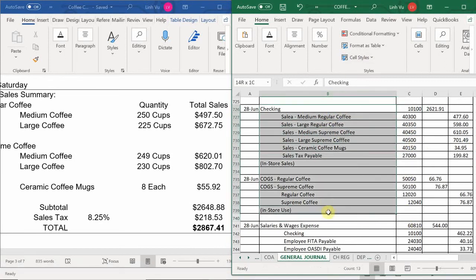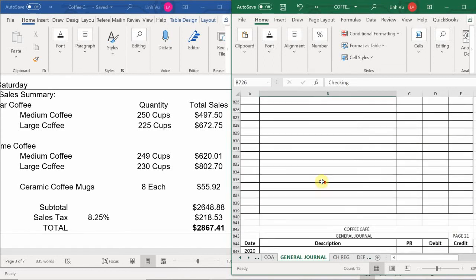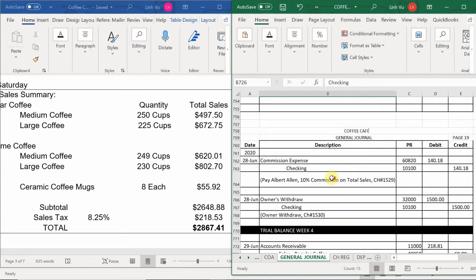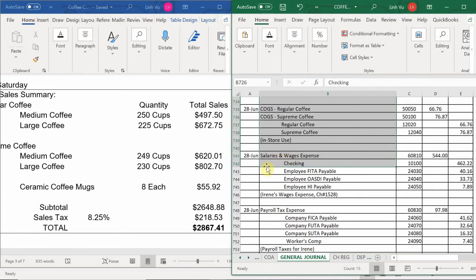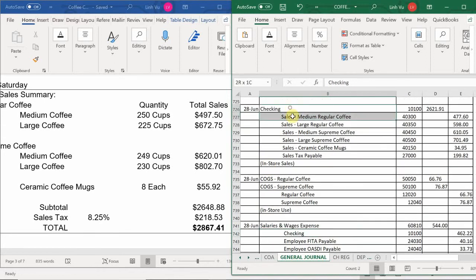So I'm going to copy this section here. Let me see if I have enough space. I think I might have enough space. Let's go back to this one. So we're going to do sales.